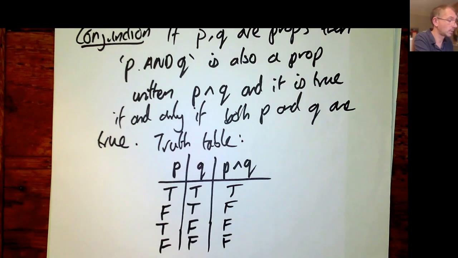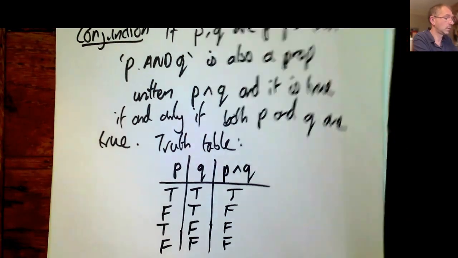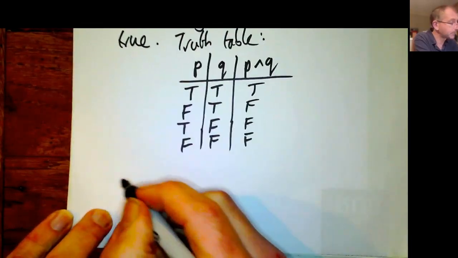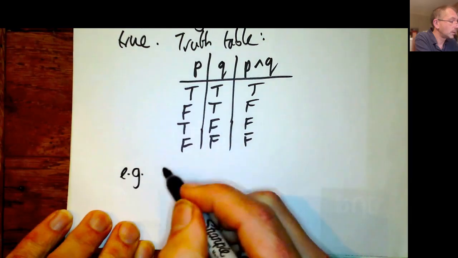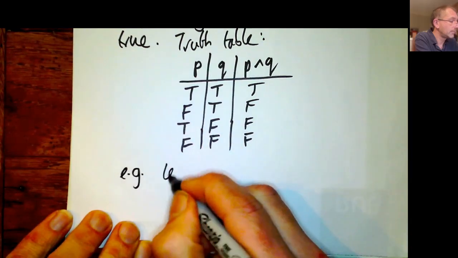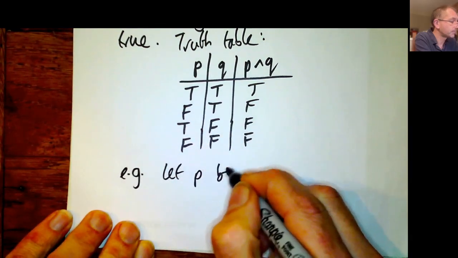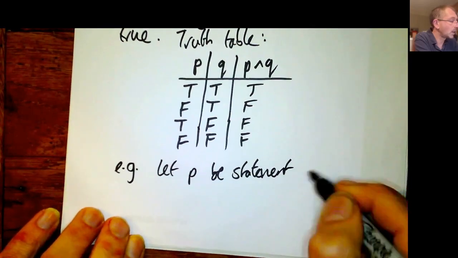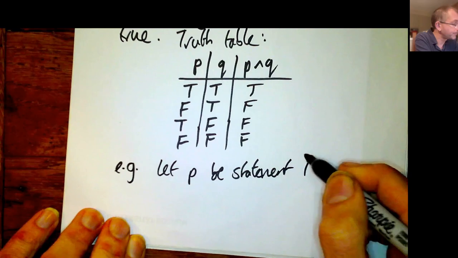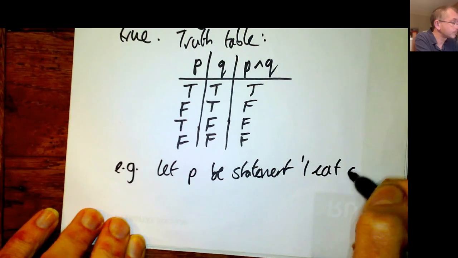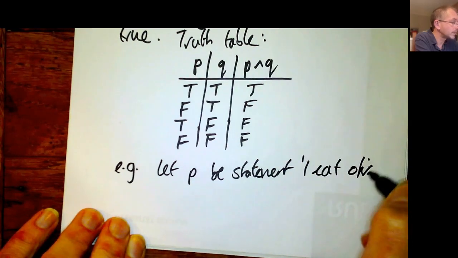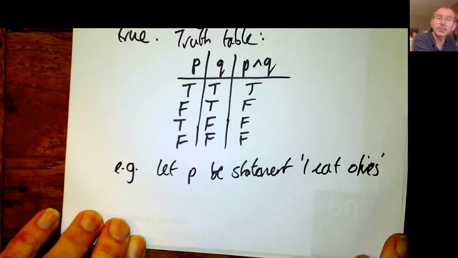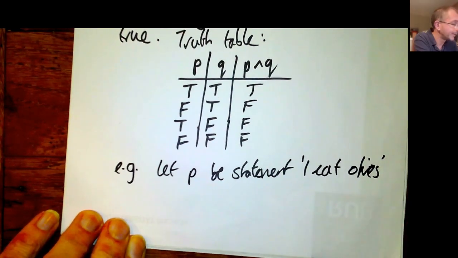Okay, so let's have an example. Let P be a statement, I eat olives. I'm talking about myself here. I have no idea whether you eat olives.